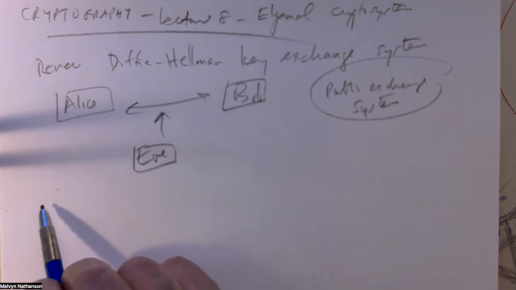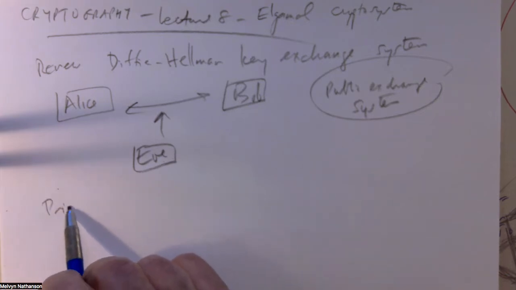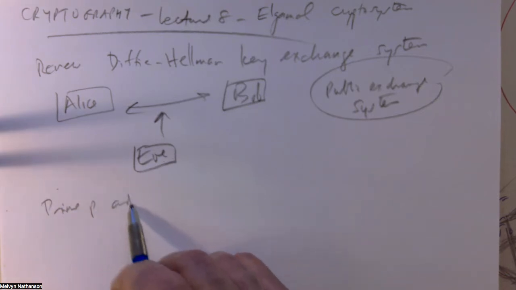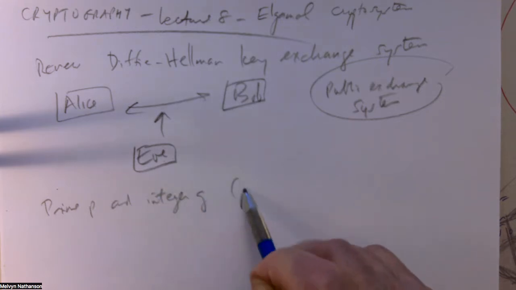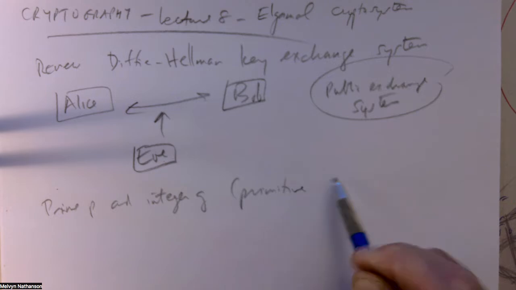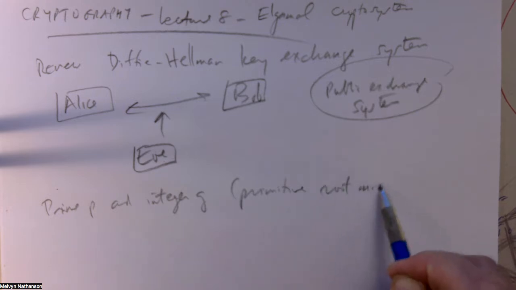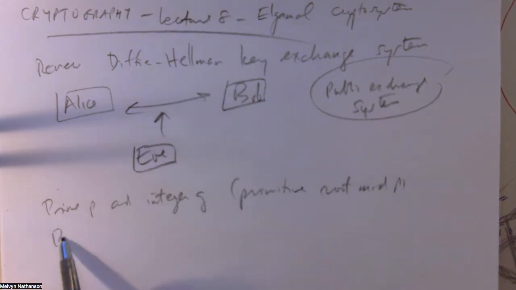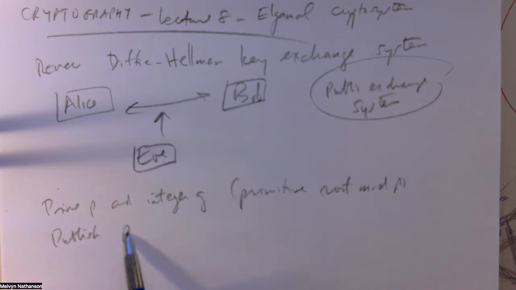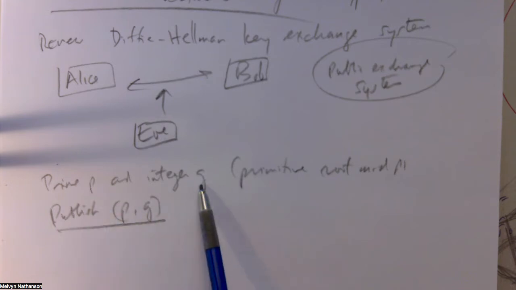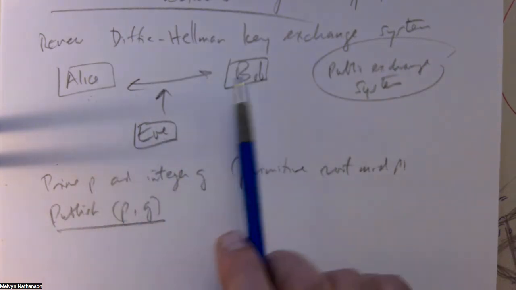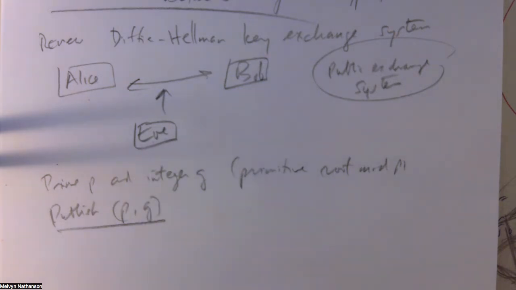So the system is based on, you take a prime number P and an integer G, for example, a primitive root mod P, and you publish P and G. So everyone knows what your prime number is and what your primitive root G is. That's public knowledge. Alice knows it, Bob knows it, Eve knows it.